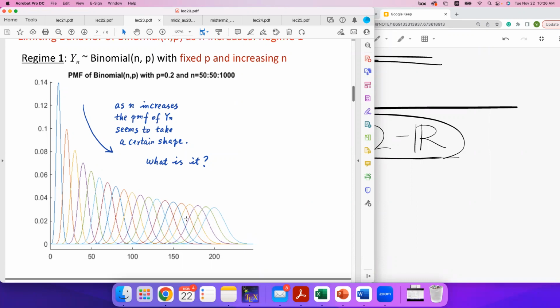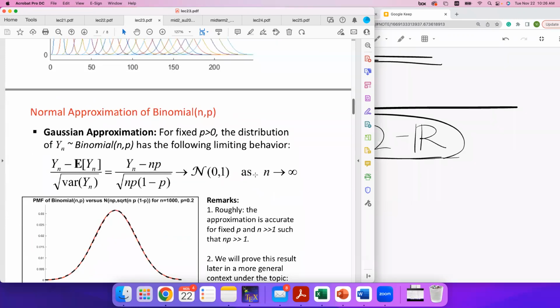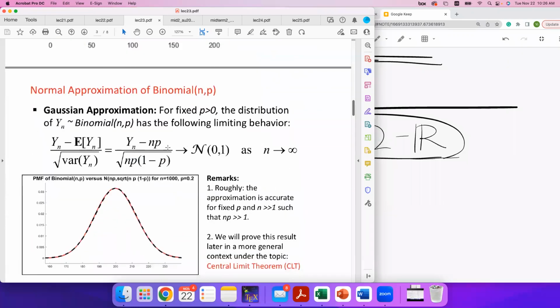So we want to see that, in the limit, can we say something about this shape? Indeed, we have a result that characterizes this limiting behavior. If we fix the success rate and then look at this distribution, then as n goes to infinity, as we perform more and more experiments, we have the following characterization.